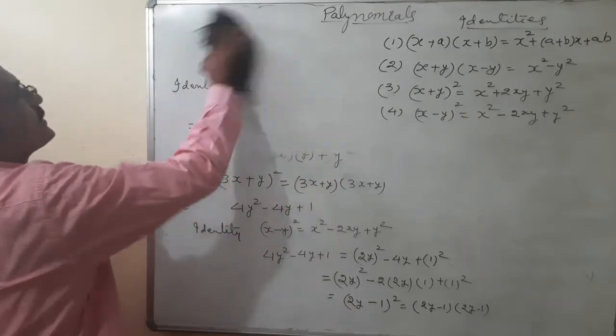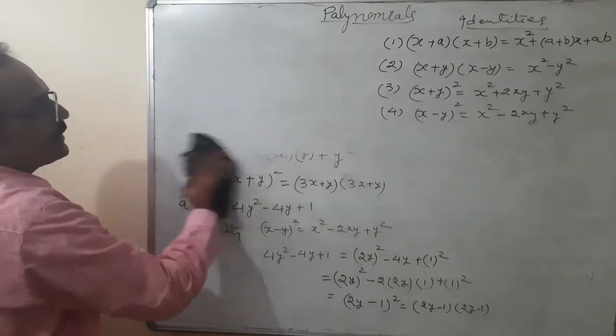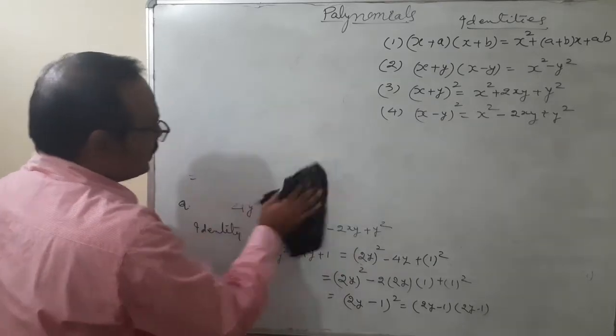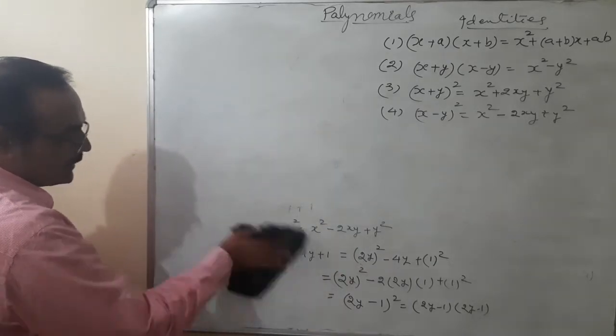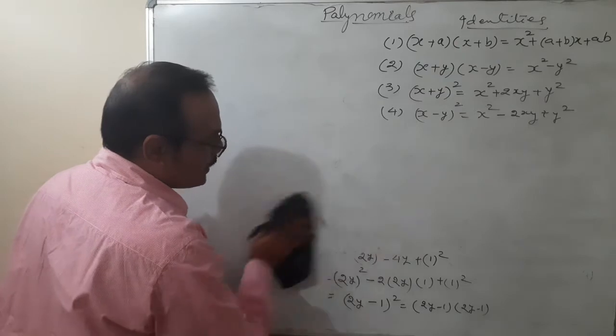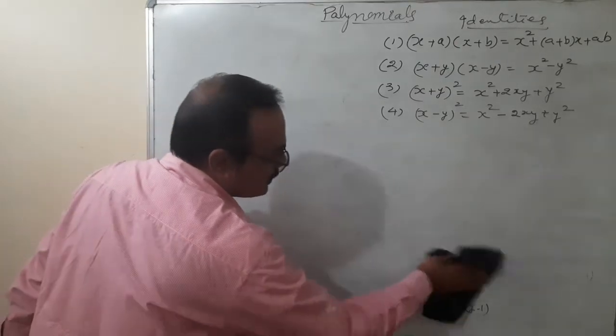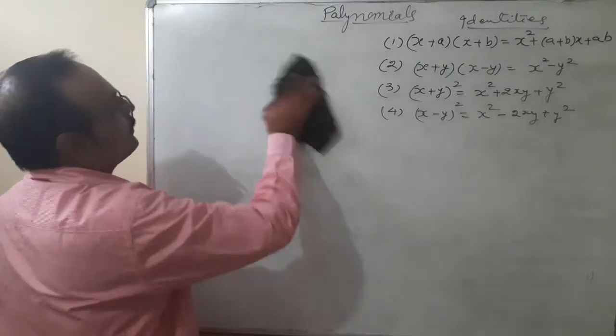Fifth identity is (x plus y plus z) whole square is equal to x square plus y square plus z square plus 2xy plus 2yz plus 2zx. Okay.